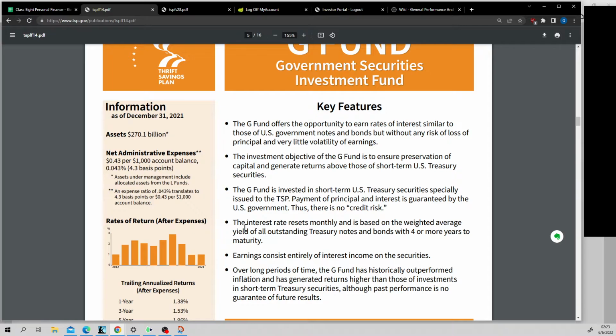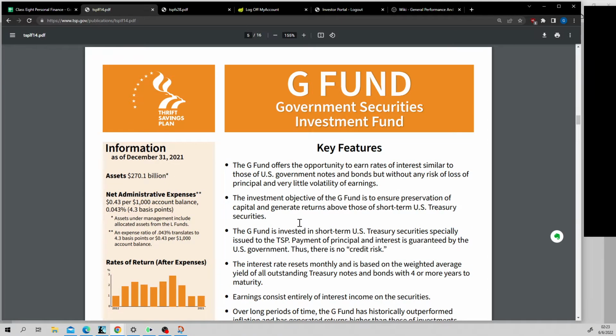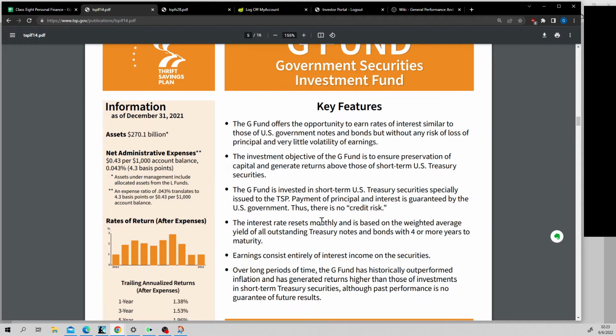And the interest rate resets monthly. So this is a very non-standard bond fund. Typically, in a bond fund, the two things that influence the return of the bond are credit risk and interest rate risk. There's no credit risk here, and there's actually no interest rate risk, even though it's providing returns equivalent to basically the average yield of all outstanding Treasury notes and bonds that comes out to somewhere between 5 and 10 years typically.